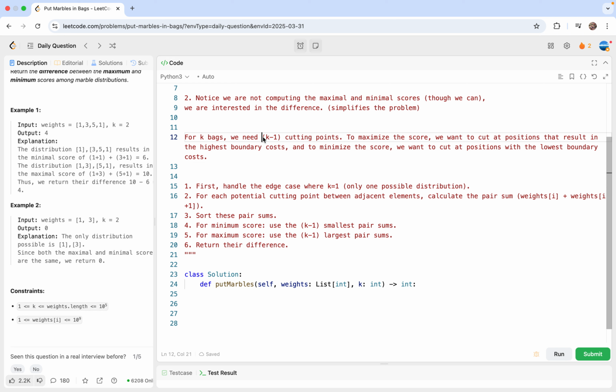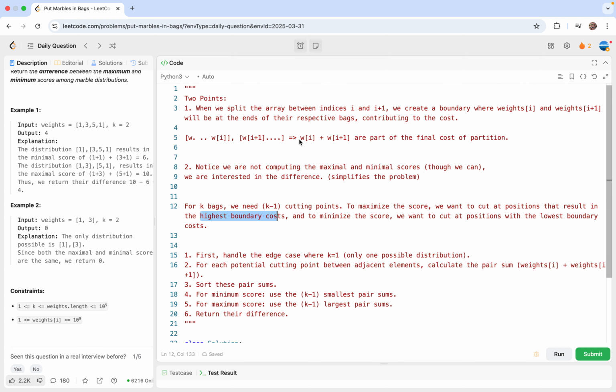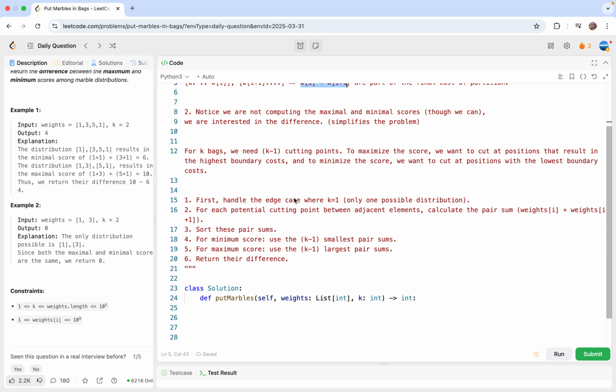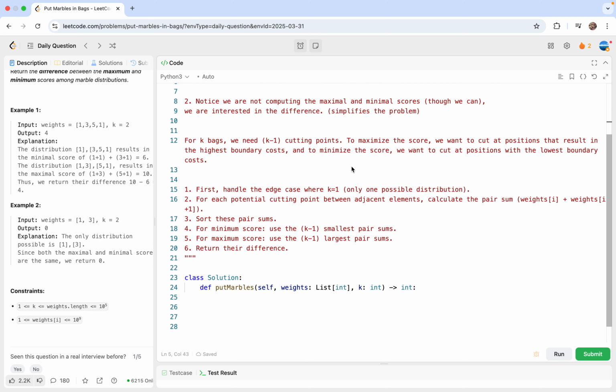So we need k minus 1 cutting points, right? To maximize the score, we want to cut at positions that result in the highest boundary costs, I mean, for those sums. And to minimize the score, we want to cut at positions where the lowest boundary costs occur, right?